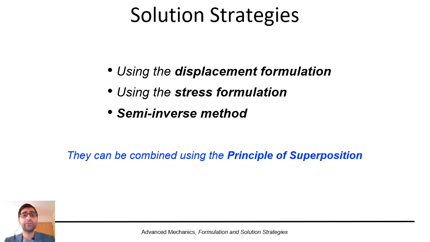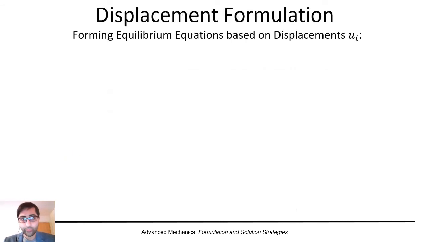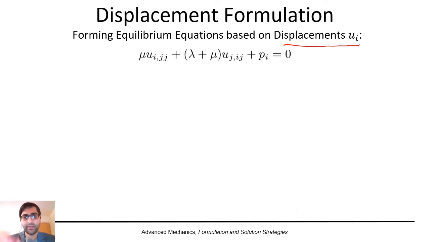We have two other methods to talk about: displacement formulation and stress formulation. Displacement formulation. In this strategy, we find a relation for displacement, u, as a function of external loading. This is how it looks.